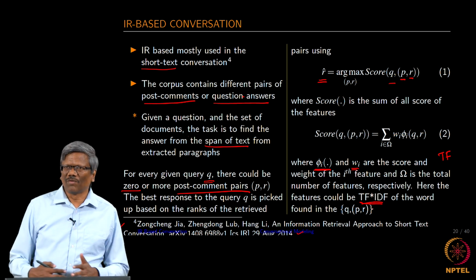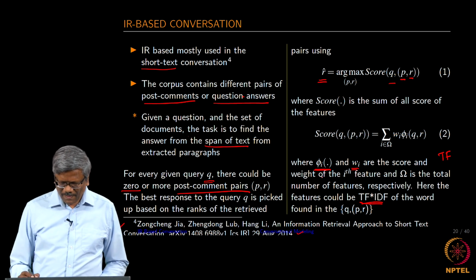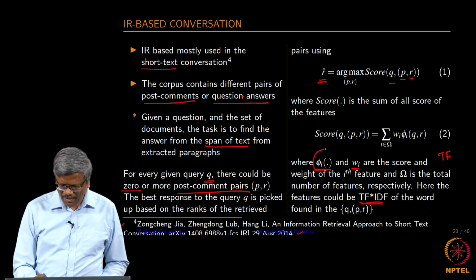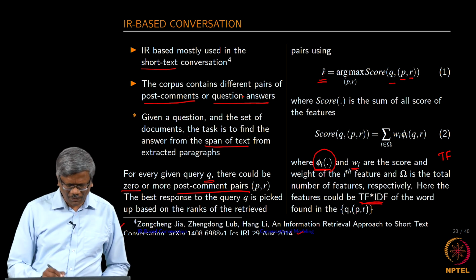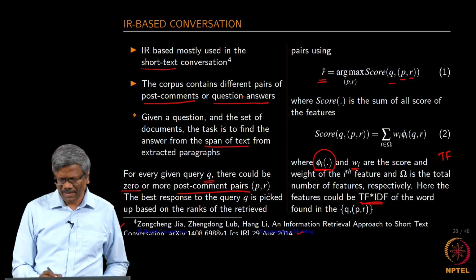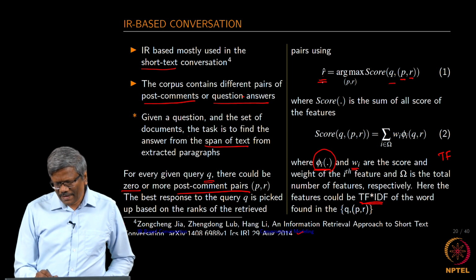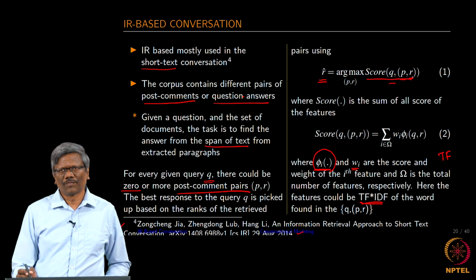Using the combinations of all this, we can achieve a score using this model, get various scores for the responses that we have picked up based on the IR, and then finally pick up the one which has the highest score.